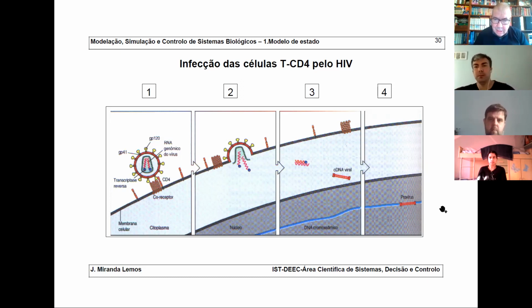So at this moment, you know that the activities of the cell are controlled by its own DNA. So when you insert the DNA of the virus, the cell is no longer able to act correctly.